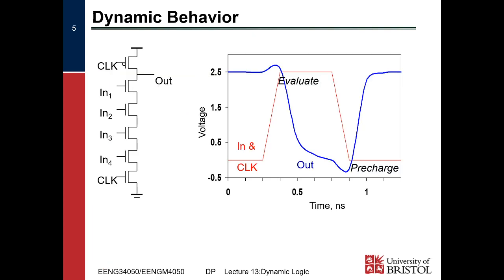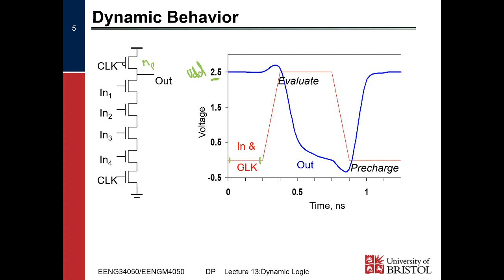So let's look at this on a graph. Here we've got our signal being pre-charged at the start, our clock was low, and so our MP was on and our voltage was at VDD. In this particular circuit we've got 2.5 volts as VDD.